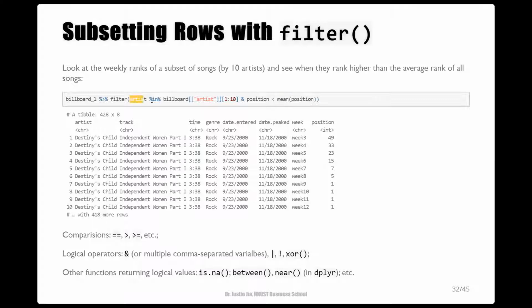And these two conditions are connected with the logical AND operator. So only observations for which this whole thing evaluates to true are kept in the output. And many tools in both base R and dplyr can be used with the filter verb to compose sophisticated logical predicates for filtering. And they are summarized here.